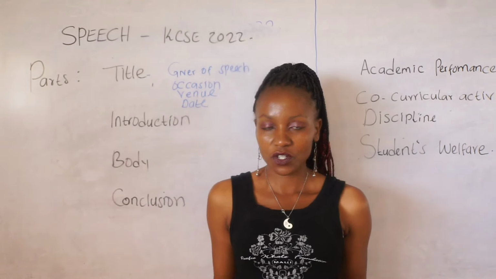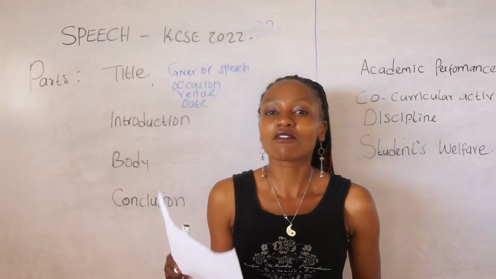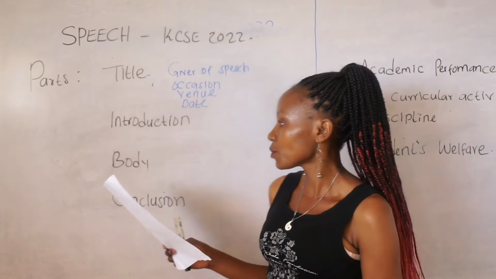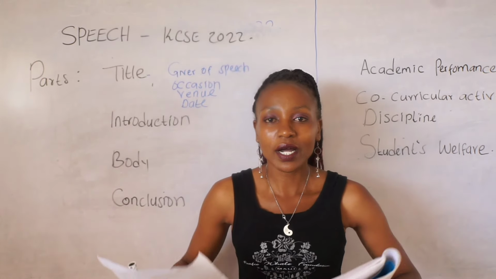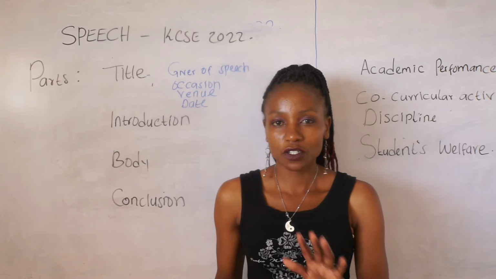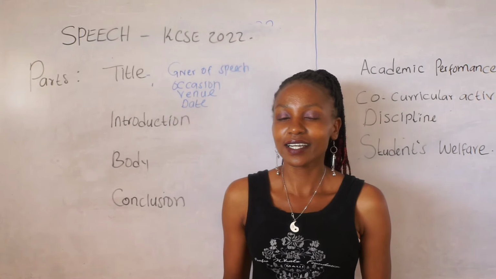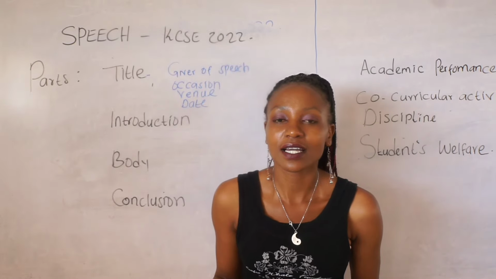So that is our question, and we have everything that we need, including the four main points that we're supposed to include in the body. So our work is just to be creative and get the content. So we're going to begin with the title, and it must have these four things. Can you try it?